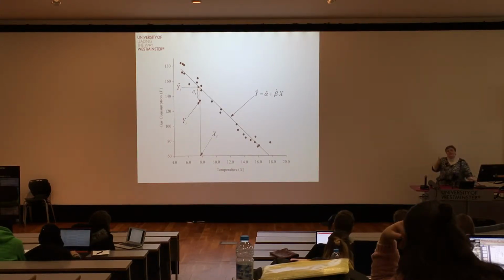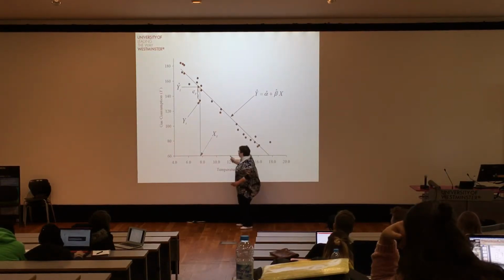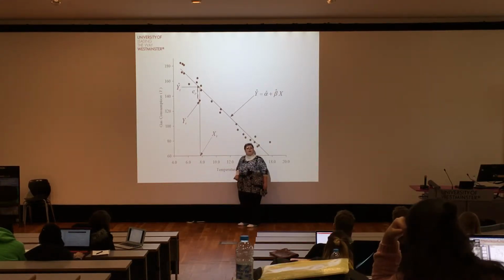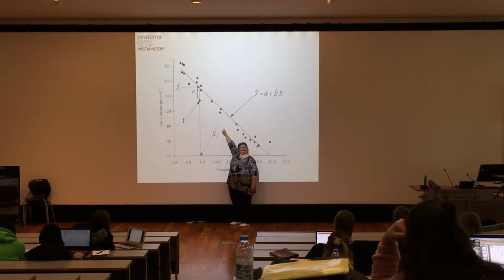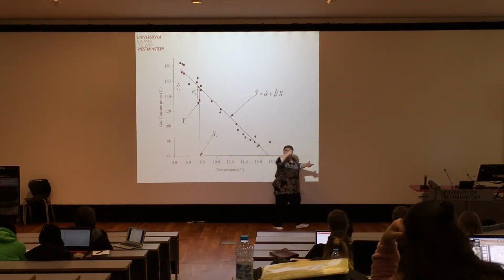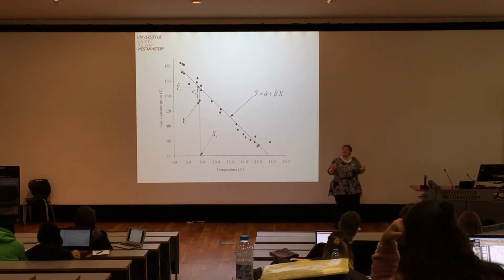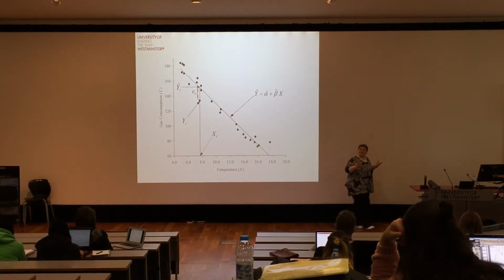Because what I told you before, for example, 12 is never observed, which is the temperature. But if I want to know what I should expect if I have a temperature of 12, then I can predict it, because I have my line. Then I know that there is some error, but roughly, on average, it should be correct.